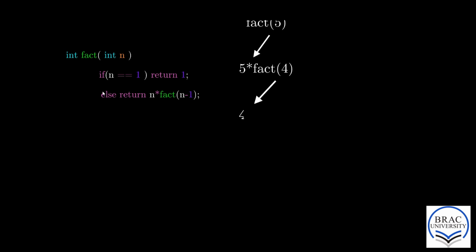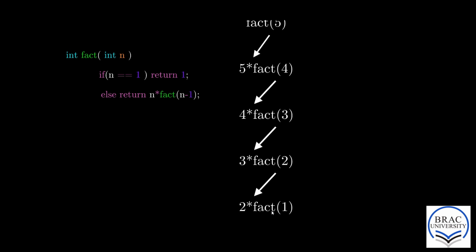Since 4 is not 1, this goes to the else case as well, and calls 4 into factorial 3, and so on until we reach factorial 1. Here the value of n has become 1, so this is the first time we have to return. If n equals 1, return 1.